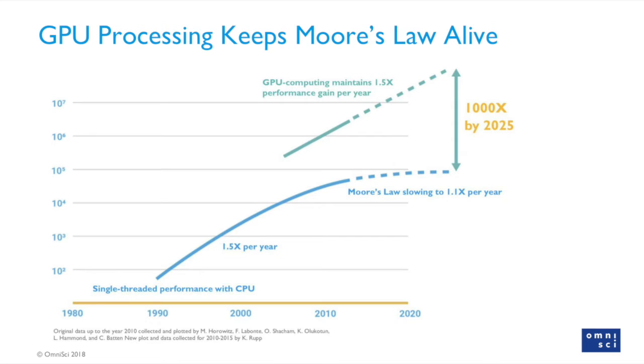And as you can see, the delta between the CPU performance, say somewhere around 2020, 25, you'll see that there is an order of magnitude difference between the CPU compute power versus GPU.